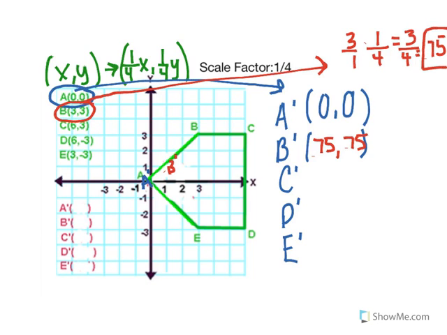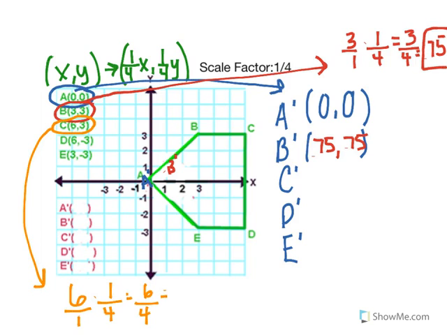Now for our coordinates for C, you're going to do the same thing. We're going to multiply our coordinates 6 times 1/4 and 3 times 1/4. So I'm going to come down here and multiply 6 times 1/4. And since that's a whole number, I have to change it to a fraction, put a 1 underneath it. 1 times 6 is 6. 1 times 4 is 4. And then I have 6/4.